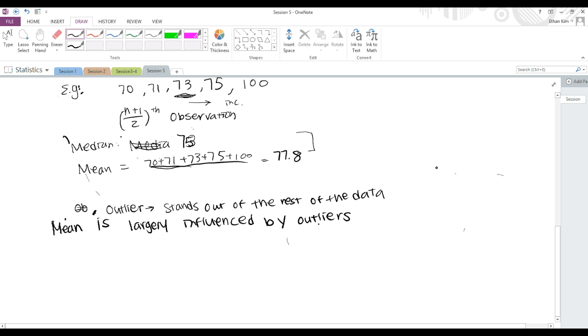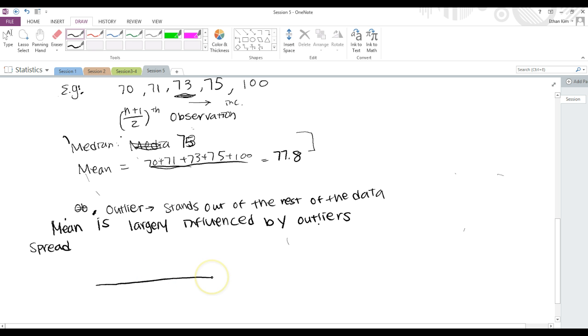We just discussed the center, right? And we want to discuss now the spread. We just discussed a center value, but we now want to discuss how it's spread out. Let me just draw a histogram.